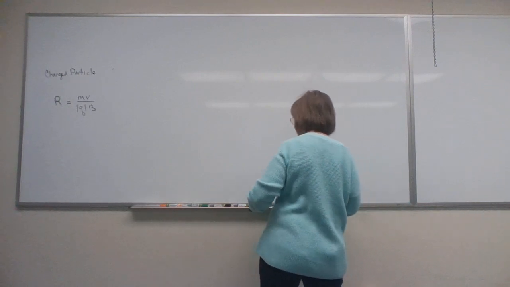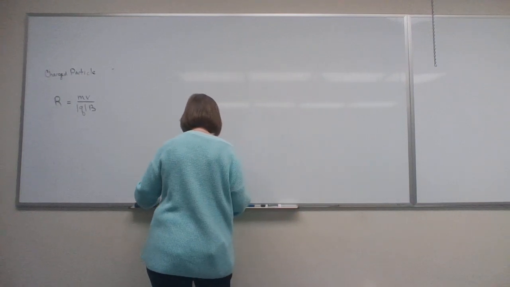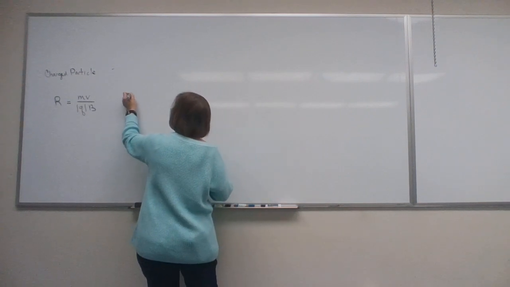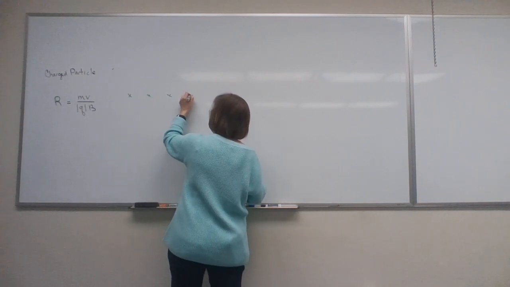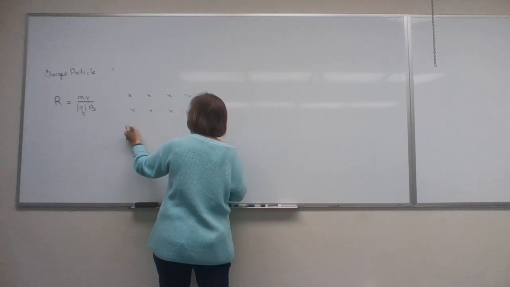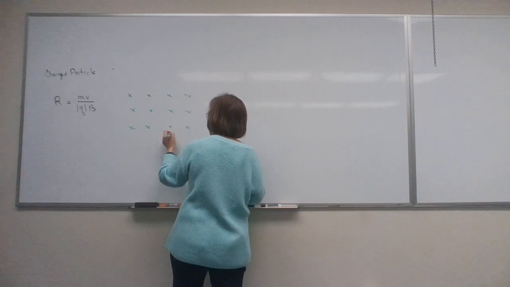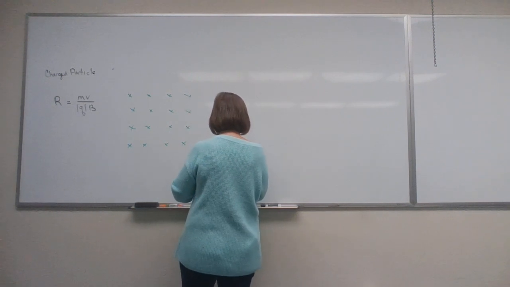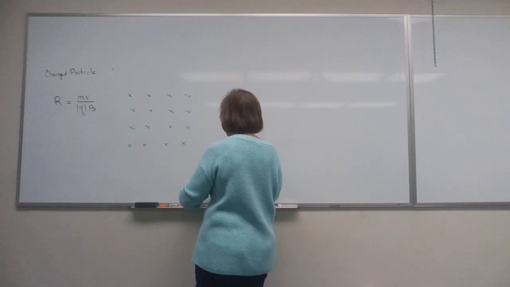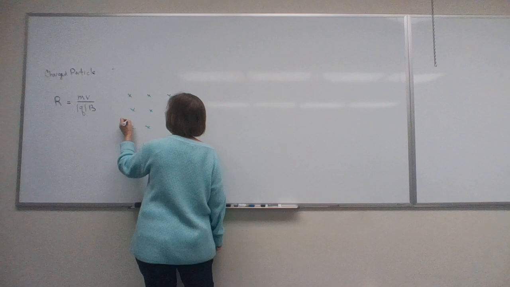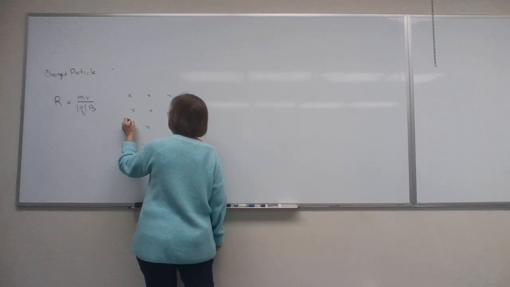I want to think about this before I work a problem. I can just think about, what if I have this magnetic field that goes right into the board? Now, if I have a neutron, a neutral particle, and it comes in, here it is, it has no charge, and it's going this way.